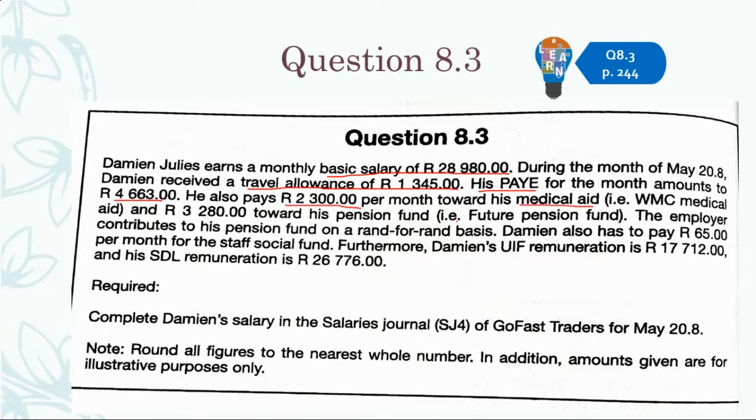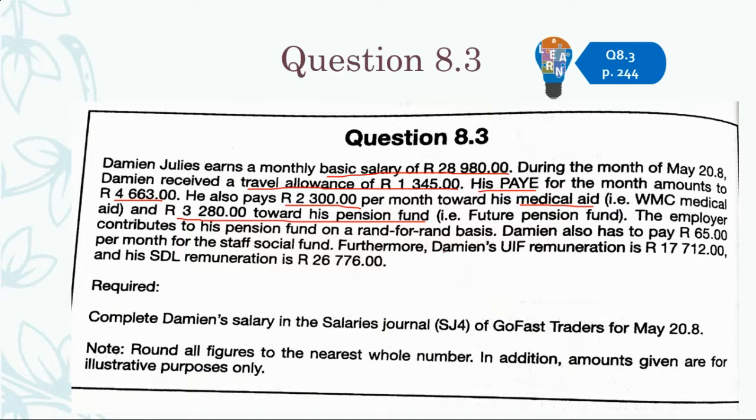Okay. And then 3,280 towards his pension fund. So those are his deductions: pay as you earn, his medical aid, his pension fund. Now the UIF deduction you will have to calculate for him. They will not give you that information.